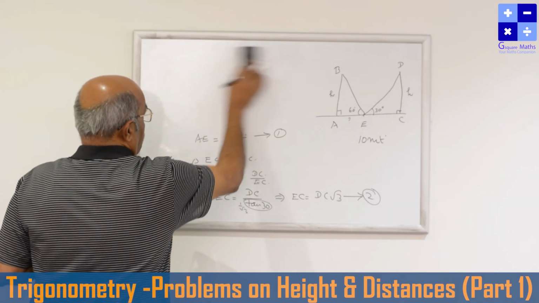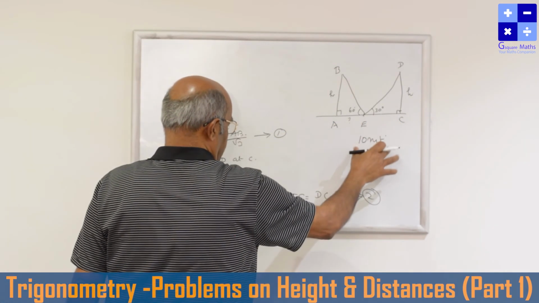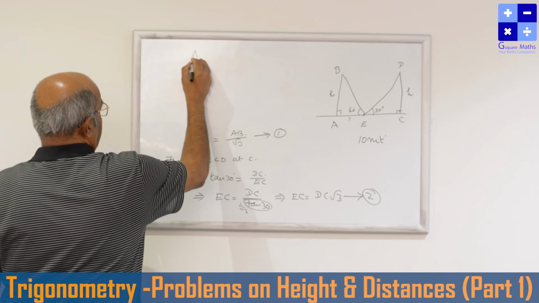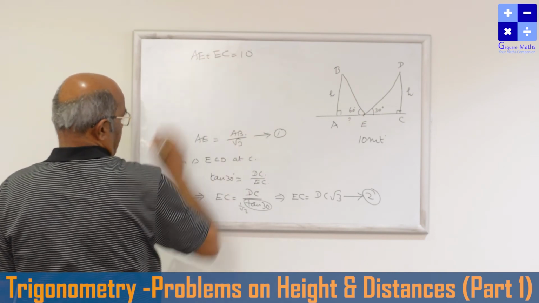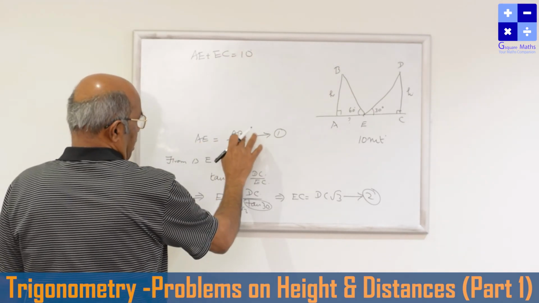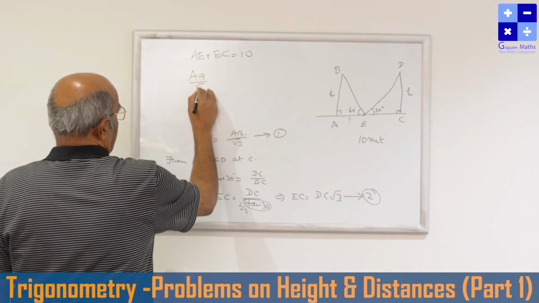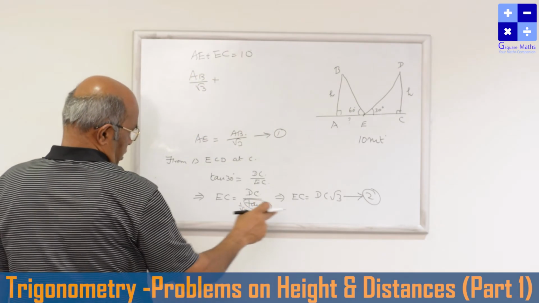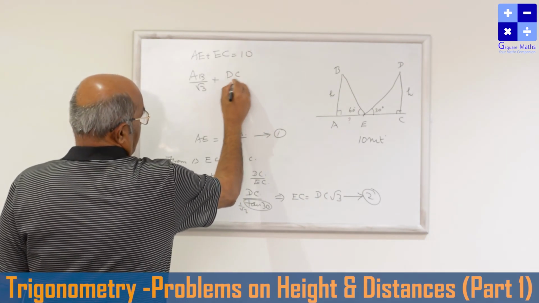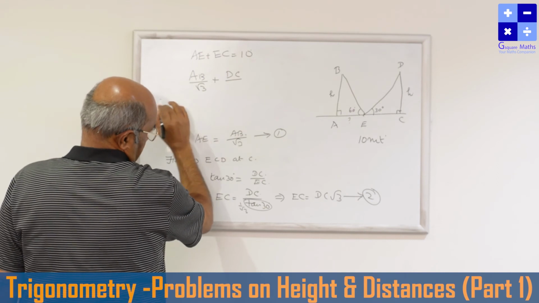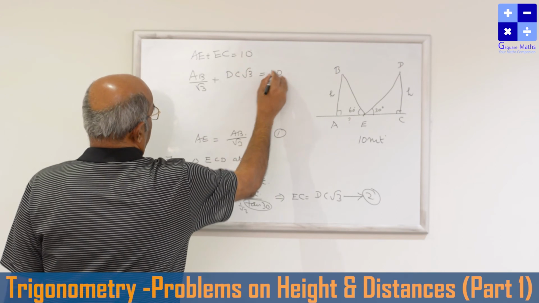Now we have to make use of the given information. What is given? AE plus EC is equal to 10 meters. What is AE? AE is equal to AB by root 3, plus EC, which is DC root 3, is equal to 10.